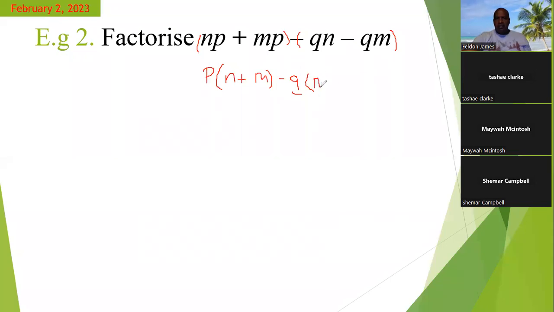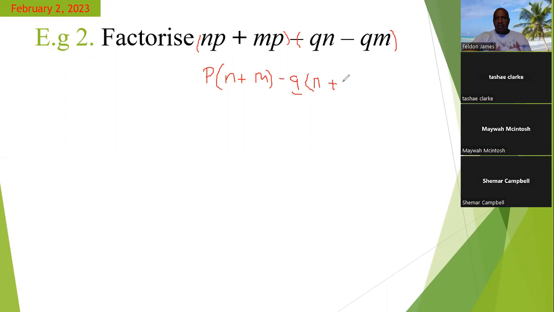All right, the second term: we have negative Q into negative QM. Negative Q cancels out, which gives you a positive, so you have positive M.